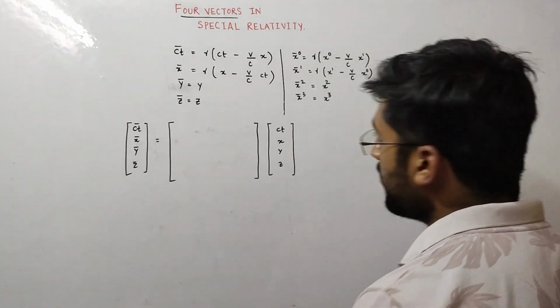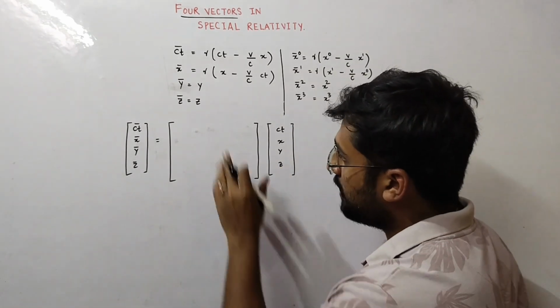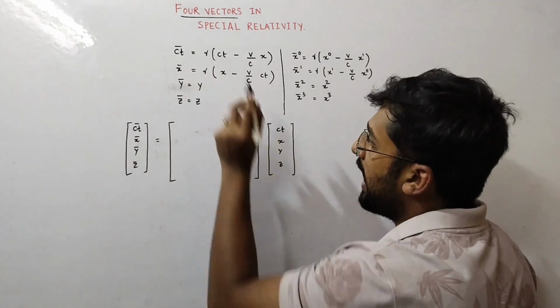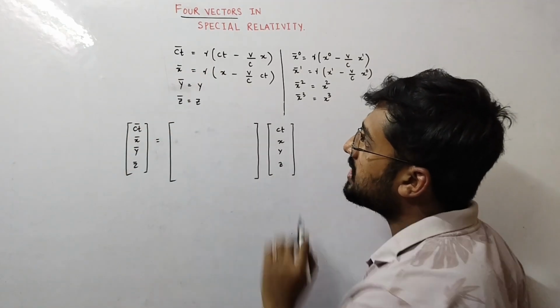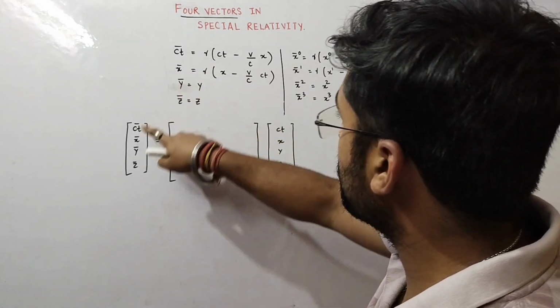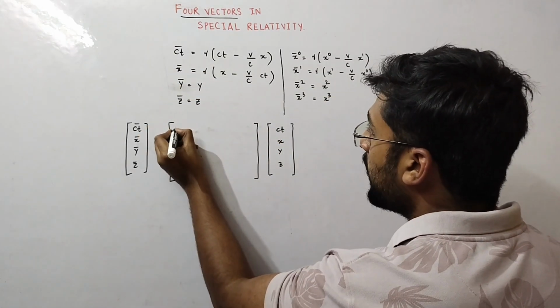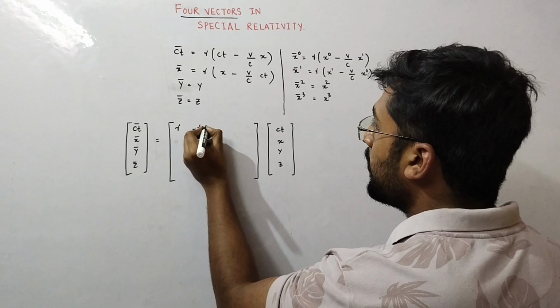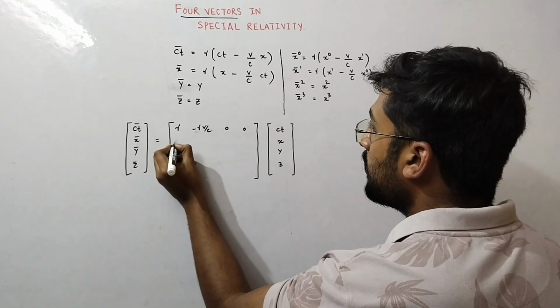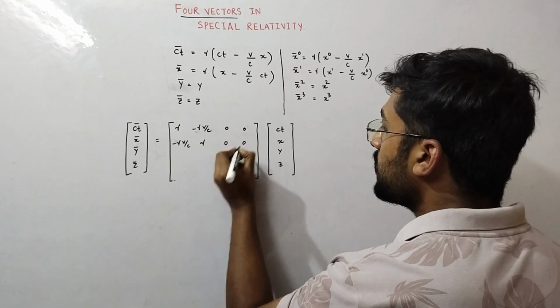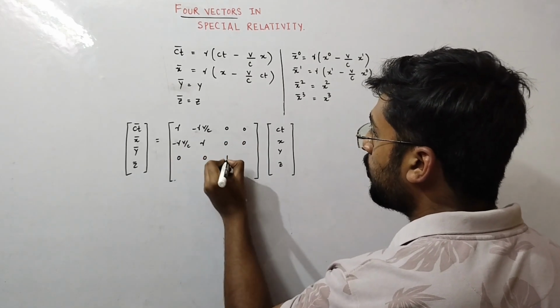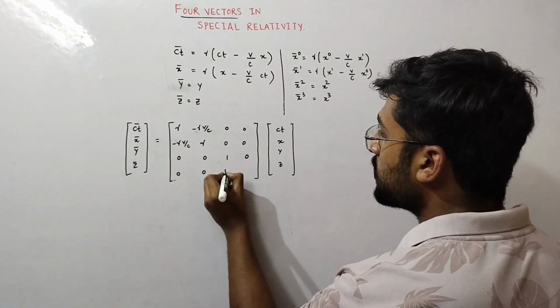So let me first write down the transformation matrix. I am basically relating the Ct bar and the Ct, right? The first line will be gamma, minus gamma v upon c, 0, 0. The second line will be minus gamma v upon c, gamma, 0, 0. The next line will be 0, 0, 1, 0, and the other one will be 0, 0, 0, 1.